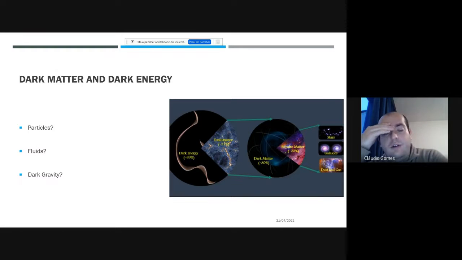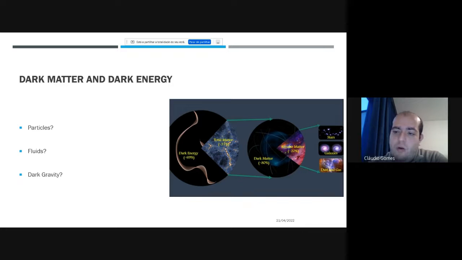Okay. The other problem that we have in general relativity, or at least with its compatibility with observations, is namely the dark universe. So in order to account for the astrophysical and the cosmological observations, we need to introduce two major components in the universe, namely dark matter and dark energy.